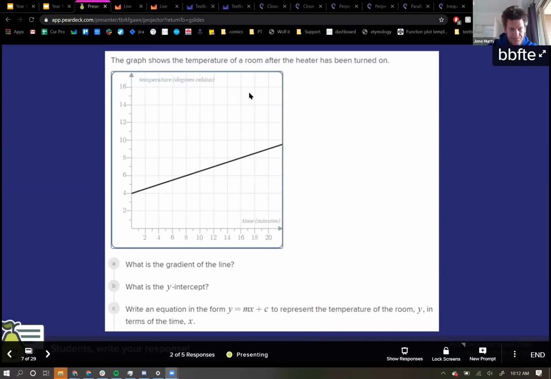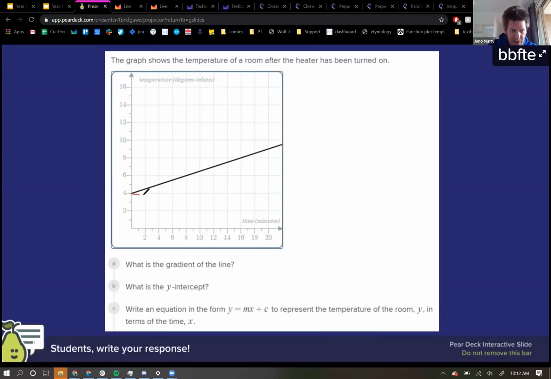So a few ways we can look at the gradient. You might want to pick two nice clear points to read off the graph. We've got ourselves a right angle triangle. And then we can see this has gone across 8 from 0 to 8 and has gone up 2.